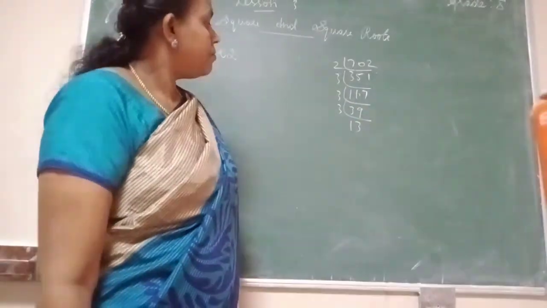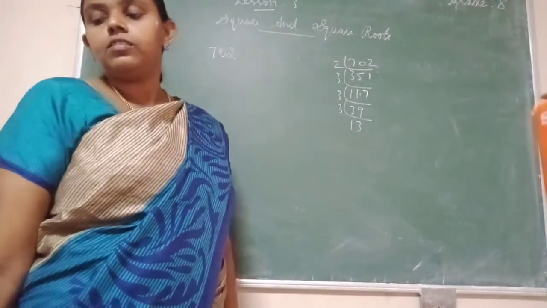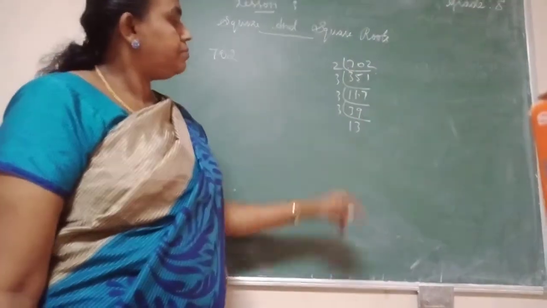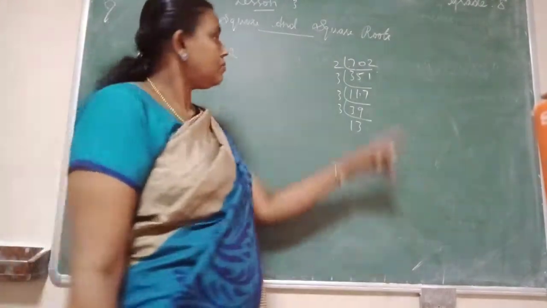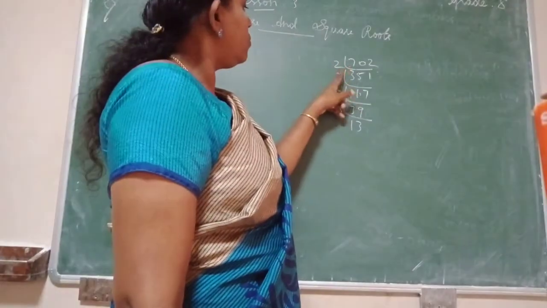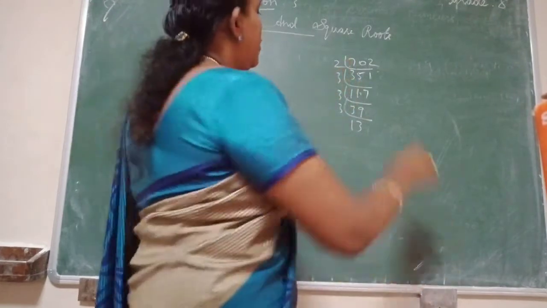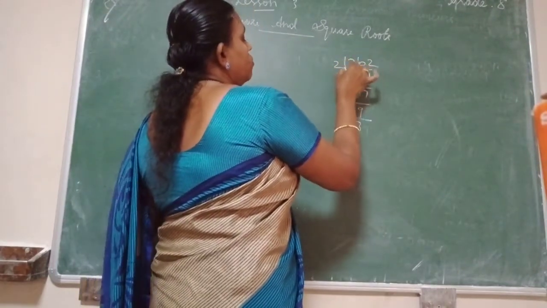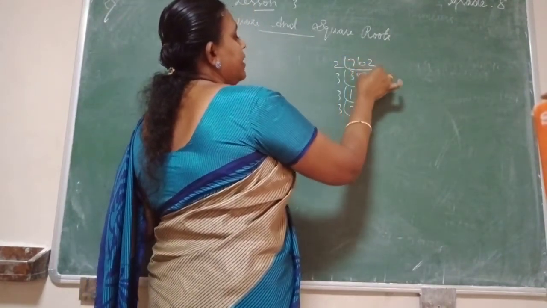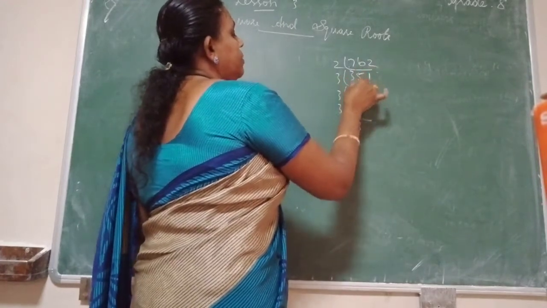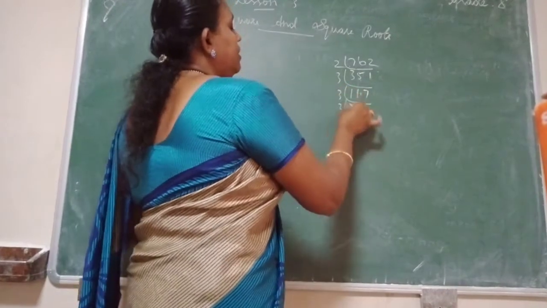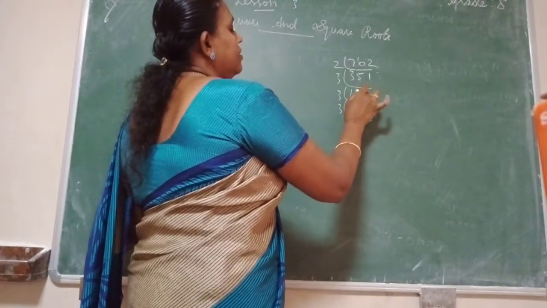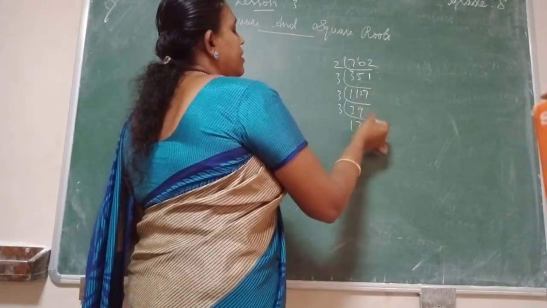Okay. 39: 1 three is 3, 3 threes are 9. 2 threes are 6, 1 left. 5 twos are 10. Again the third table: 1 three is 3, 1 three is 3, 7 threes are 21. Third table: 3 threes are 9, 2 left, 9 threes are 27.